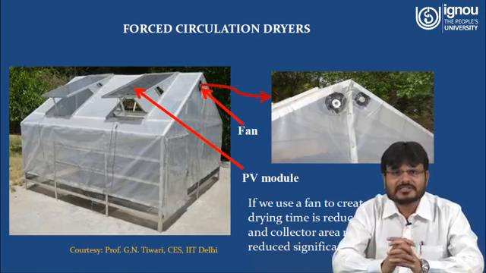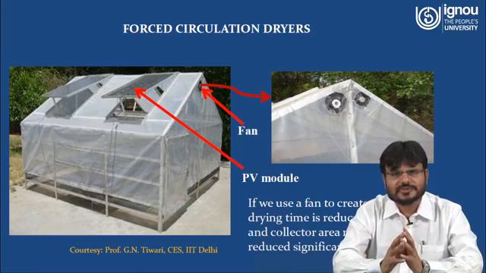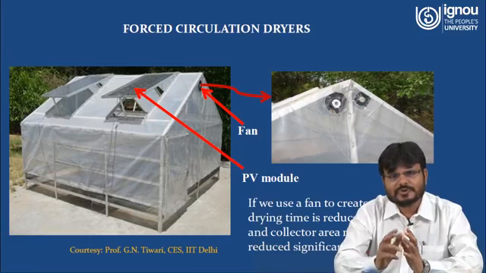Now here you can see the forced circulation dryer. Its name is indicating forced circulation, right? So what does forced circulation mean? You have to increase the mass flow rate inside the chamber. And what is mass flow rate?